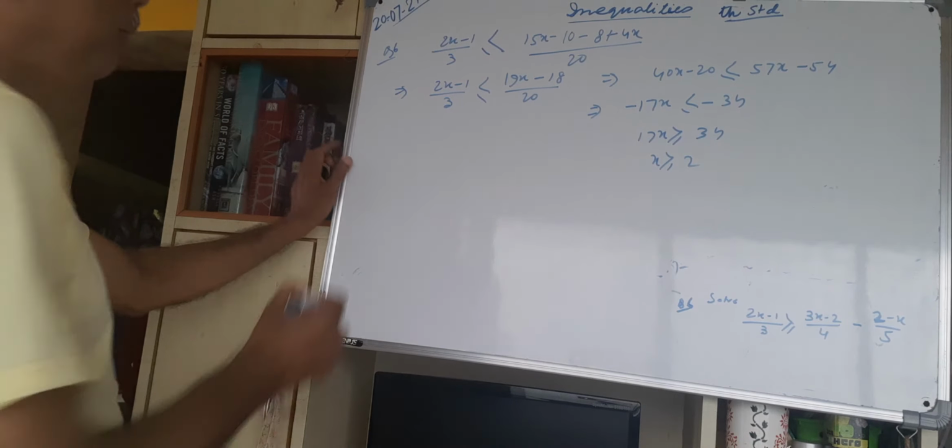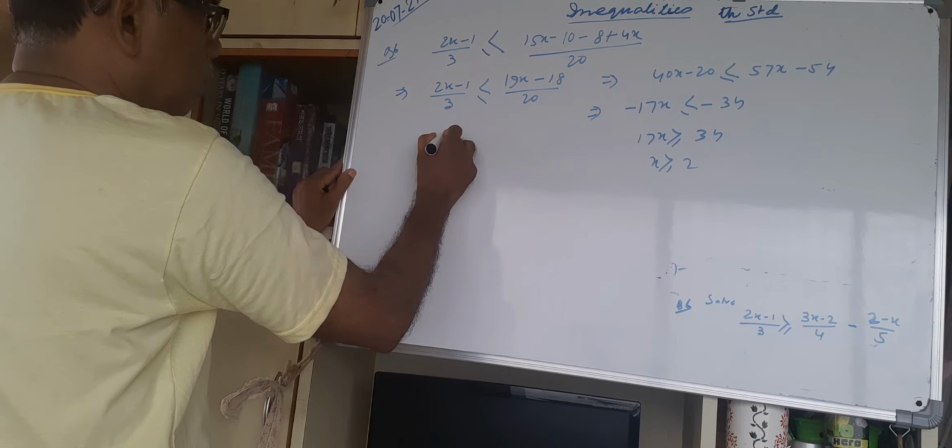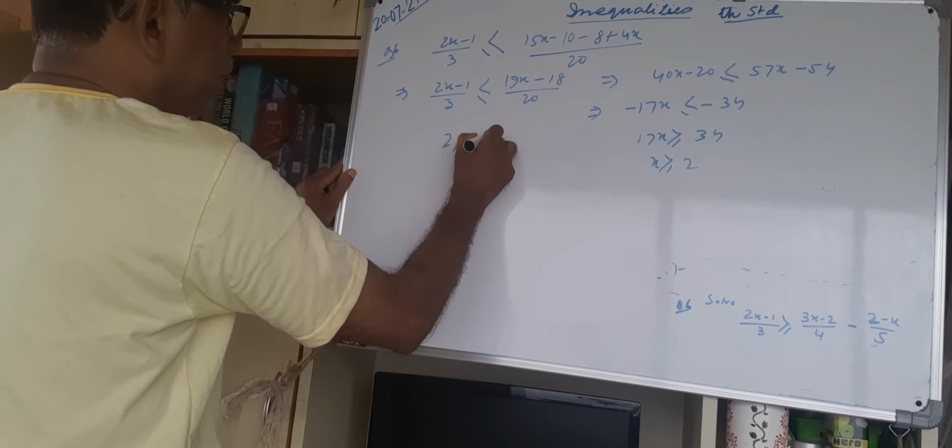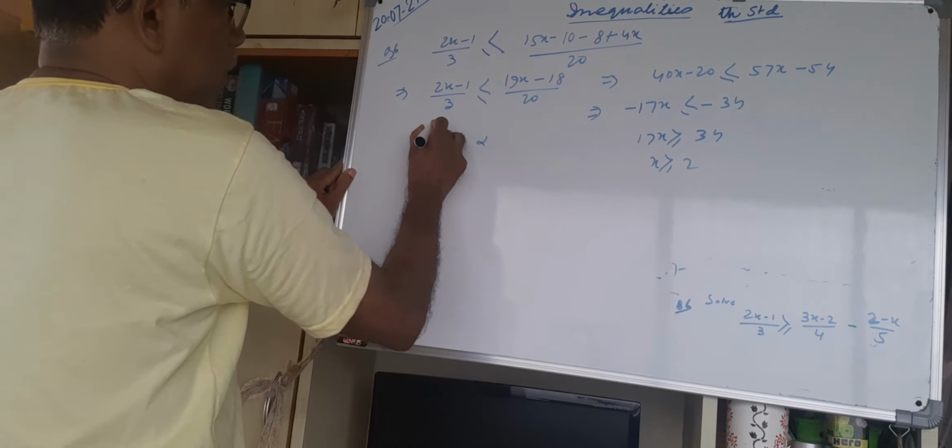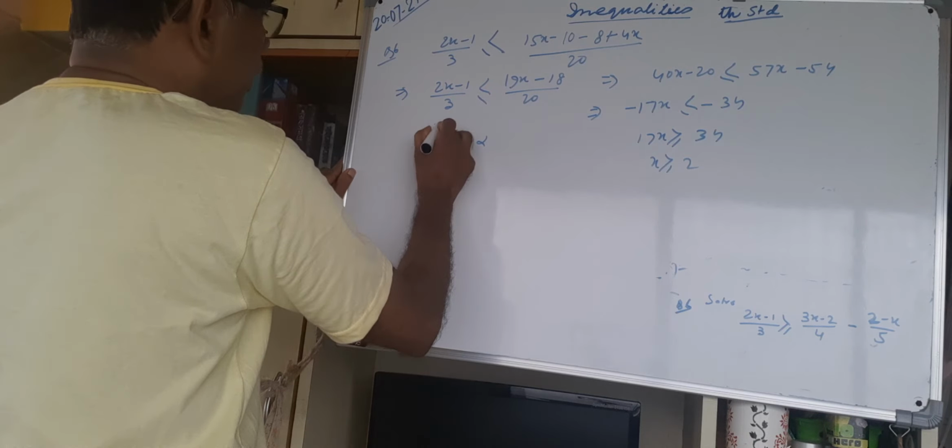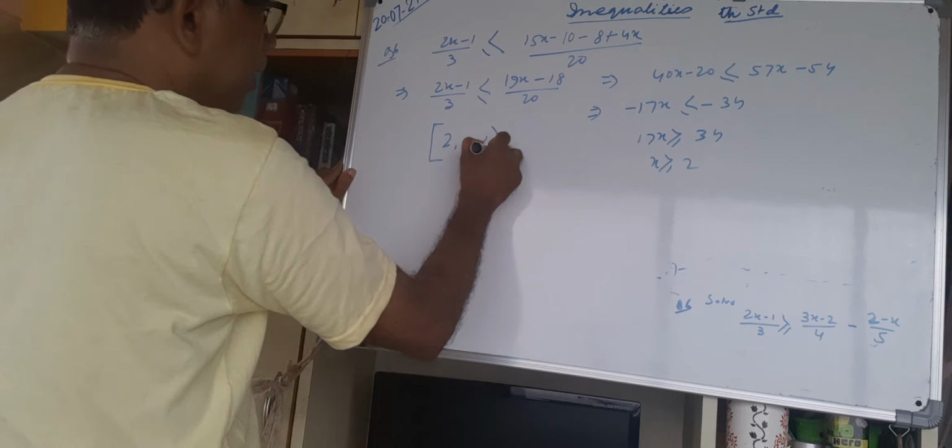We have to find solution. So our solution is 2 to infinity, but 2 is included, infinity is excluded.